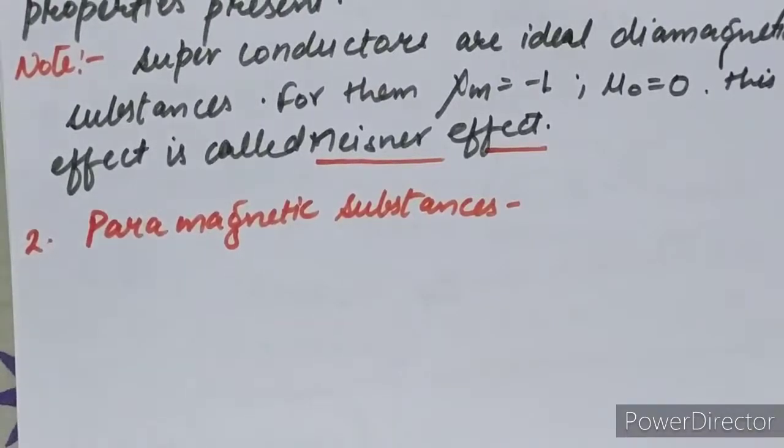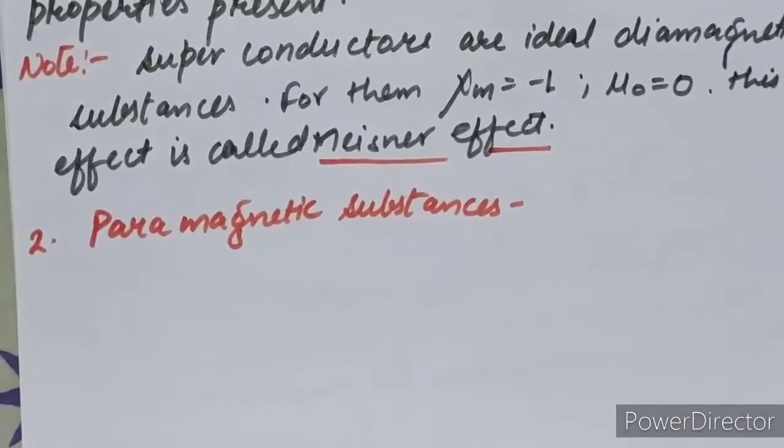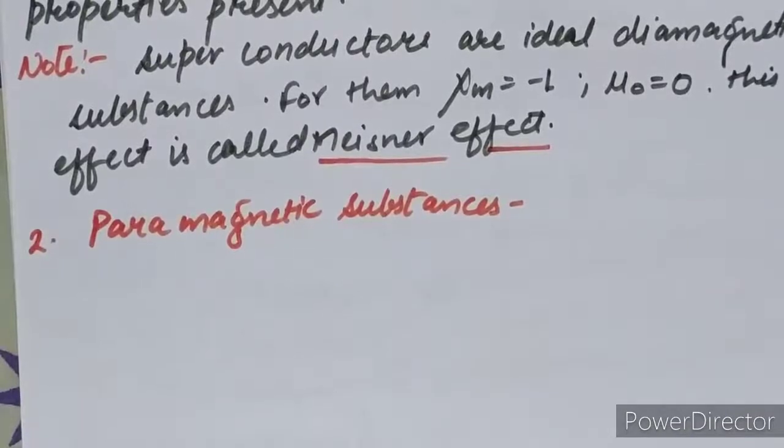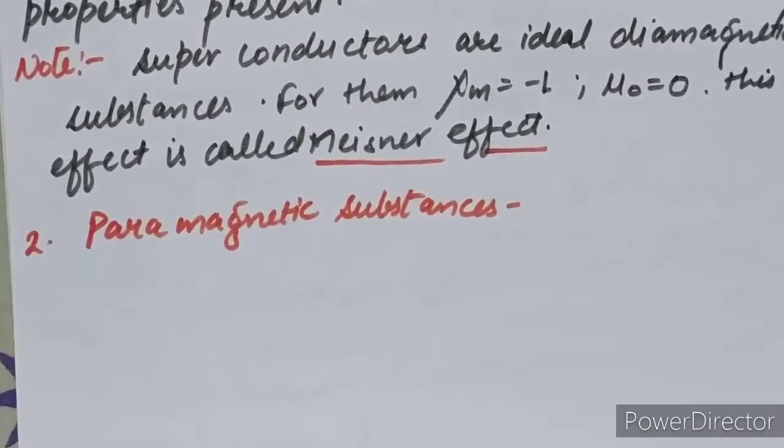Now, when these paramagnetic substances are placed in an external magnetic field, they move slightly from weak field to strong field, or they are slightly attracted by the magnetic field. We simply say that they acquire a small net magnetic moment in the direction of the applied field, and such types of substances are paramagnetic substances.